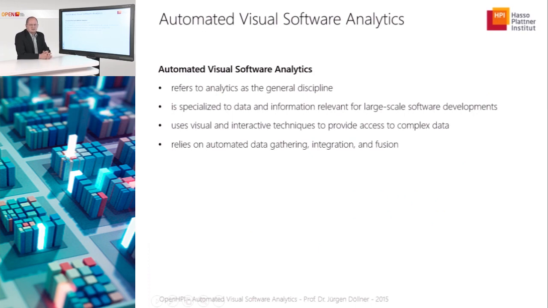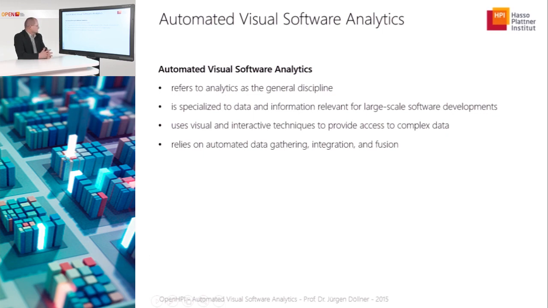Automated visual software analytics refers to analytics as a general discipline, the underlying foundation. Automated visual software analytics is specialized to data and information relevant for large-scale, long-term software development projects.